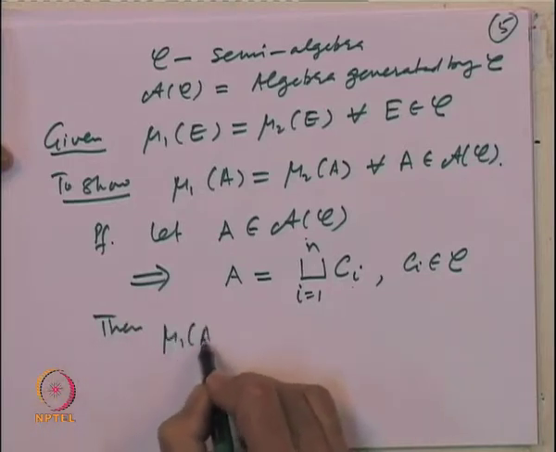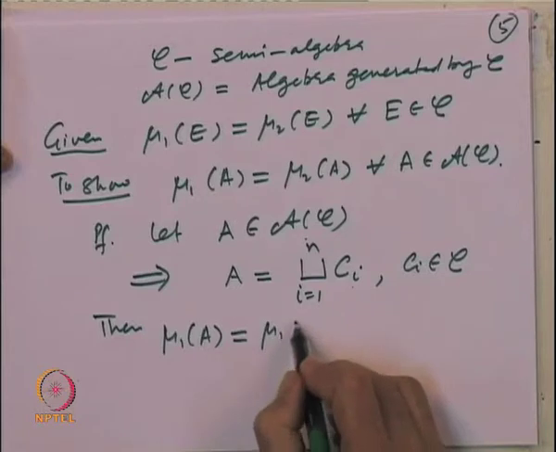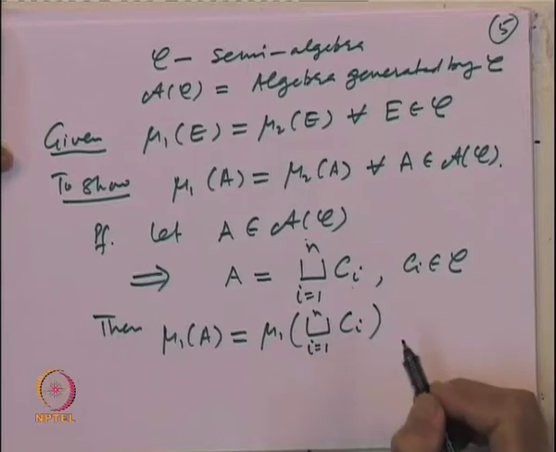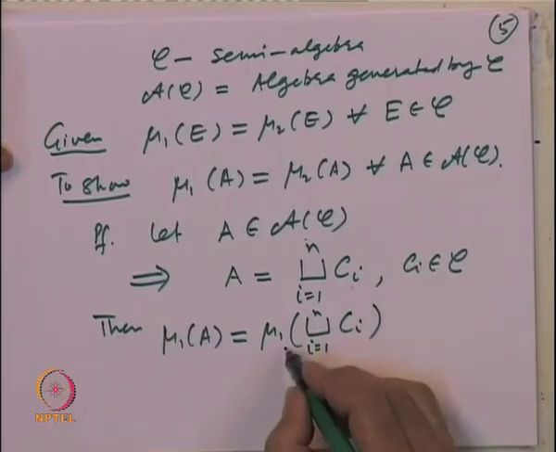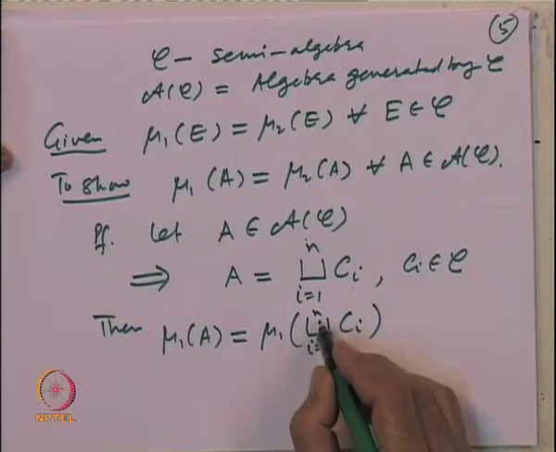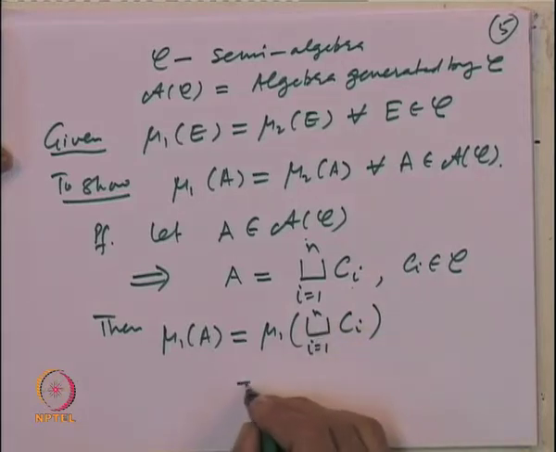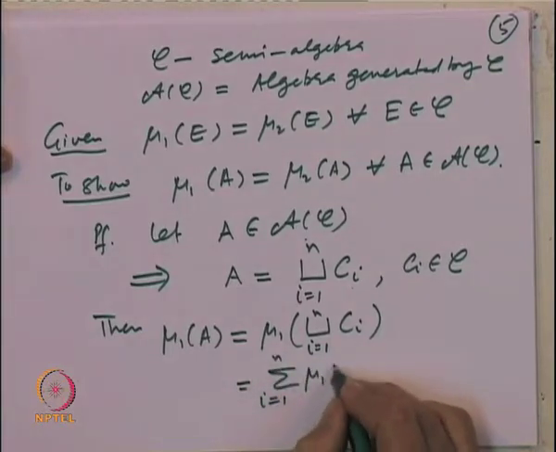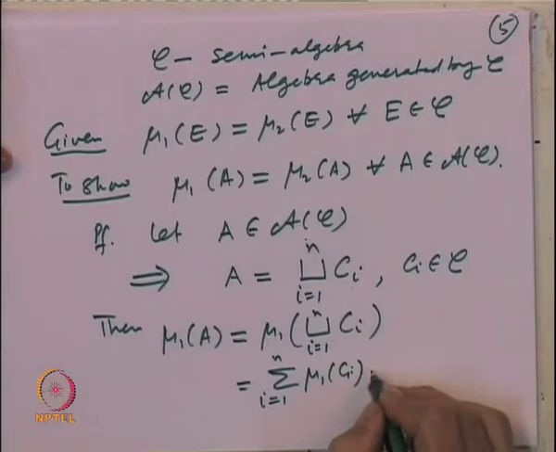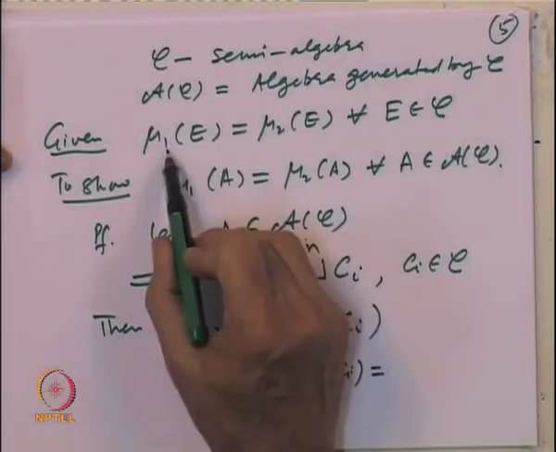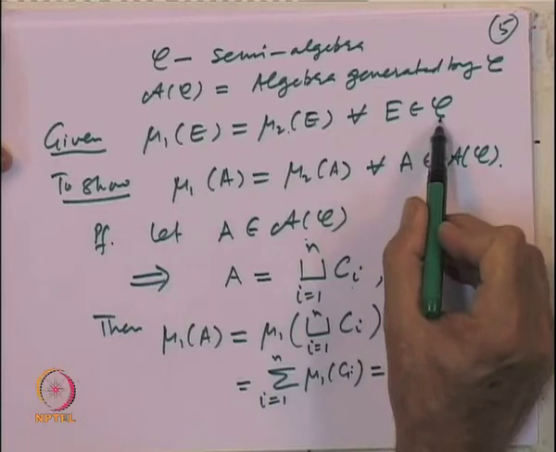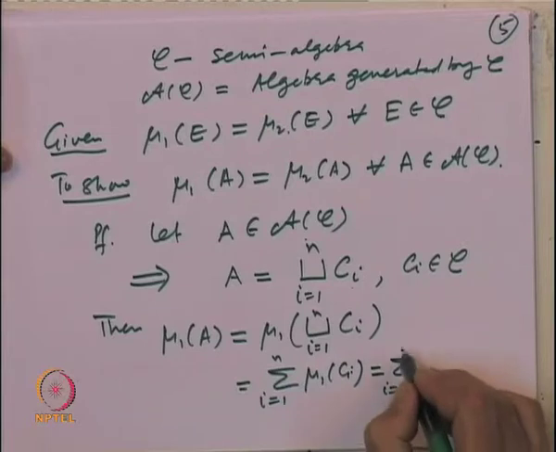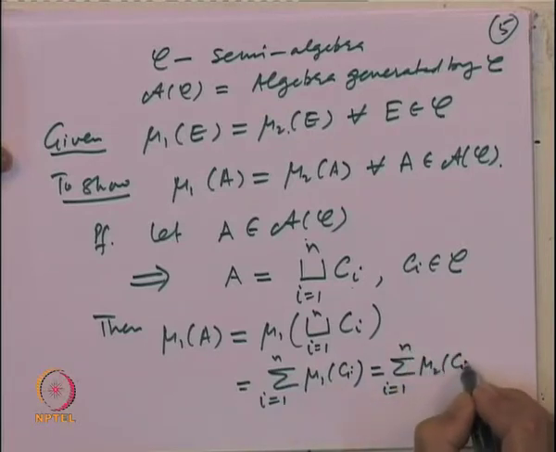But then mu 1 of A is equal to mu 1 of this finite union, and we know mu 1 is finitely additive. So, that implies this must be equal to sigma i equal to 1 to n mu 1 of C i. But mu 1 is equal to mu 2 on each element of C, and the C i's are elements of C. So, that implies this must be equal to the sum over i from 1 to n of mu 2 of C i.